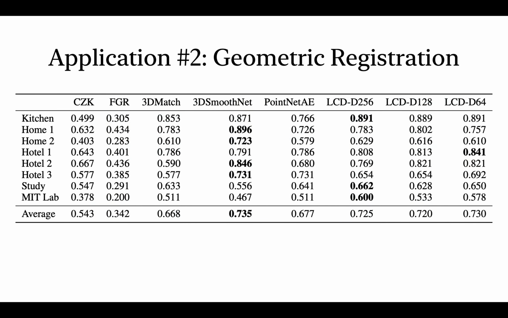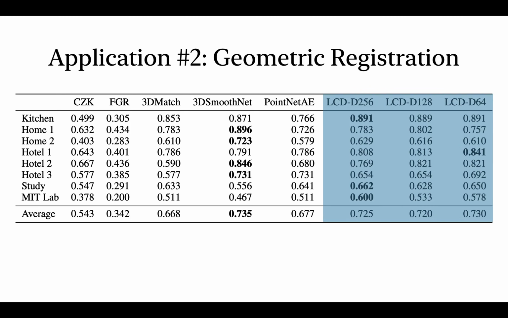Here we show the recall of different algorithms on the 3DMatch benchmark. We compare our method against other handcrafted and learned descriptors such as FPFH, 3DMatch, and 3DSmoothNet. Even though our descriptor is not fine-tuned for this task, it is still on par with 3DSmoothNet and outperforms other methods by a good margin.